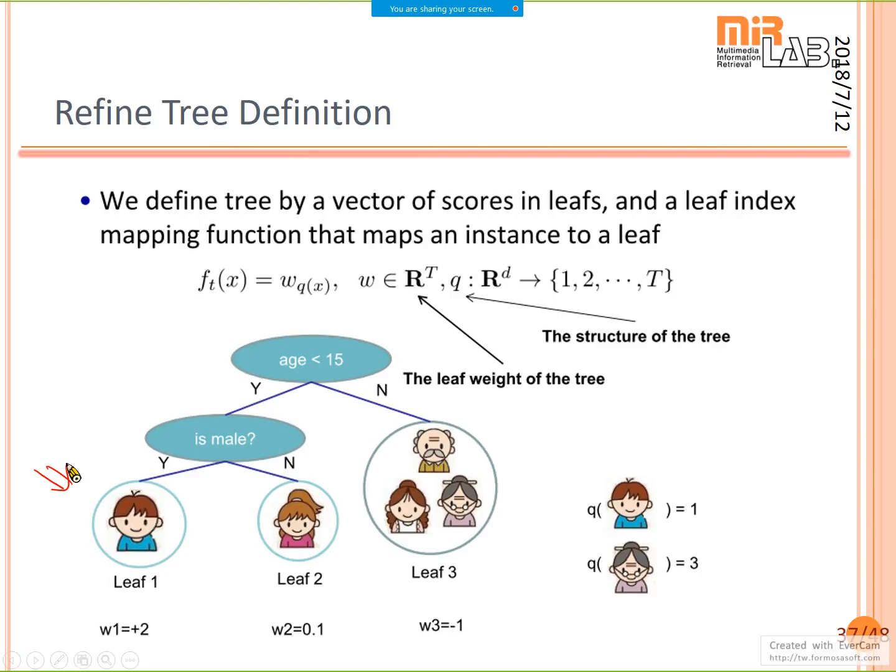So we can define a function w. Actually, w is the weight or the score in the leaf. And w is a T-element vector, where capital T is the number of leaves.